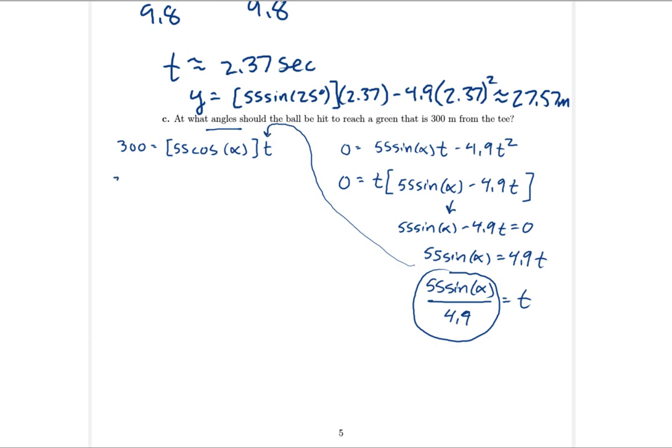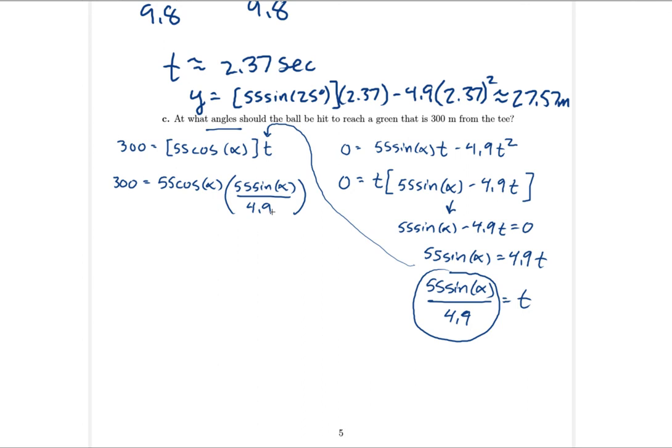We've got 300 equals 55 cosine of alpha, and then t is going to be 55 sine of alpha divided by 4.9. All right.